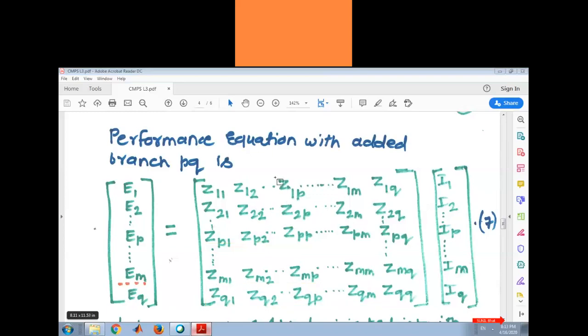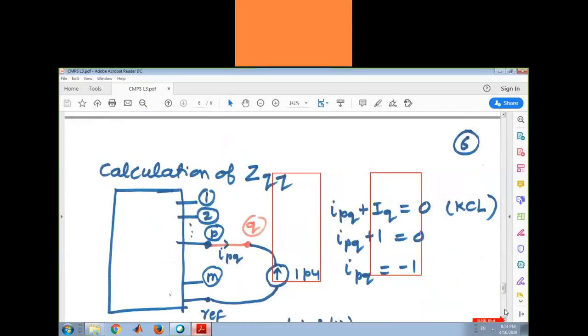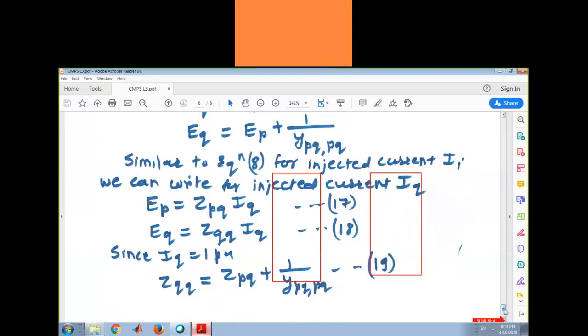So this element can be calculated as this. You copy this element here. And ZQQ is nothing but what we have defined last: ZPQ plus 1 upon YPQPQ.